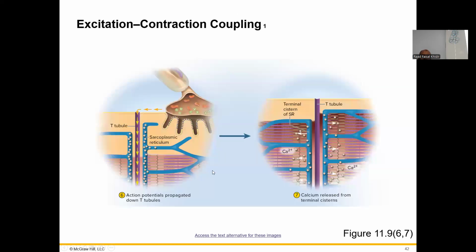Then you have the action potential propagated down the T tubule. When the vesicle buds off the terminal, acetylcholine would go and bind to the acetylcholine receptor, and that's going to propagate an action potential.